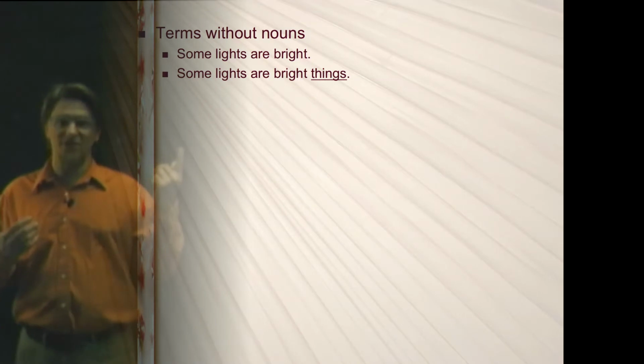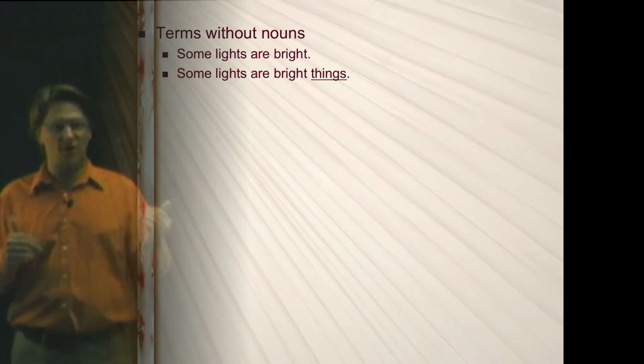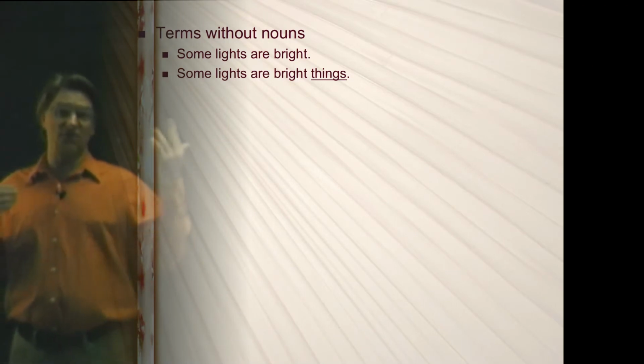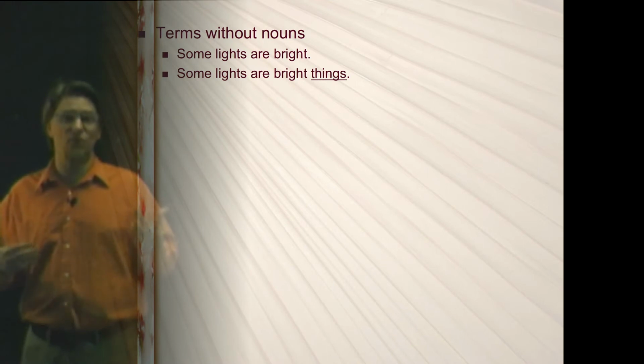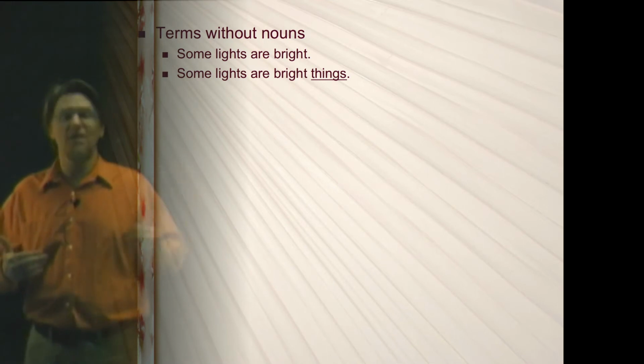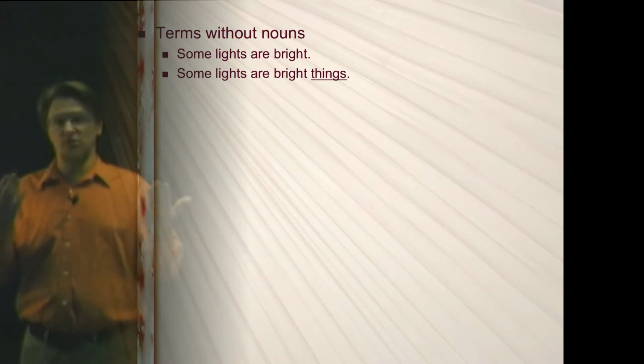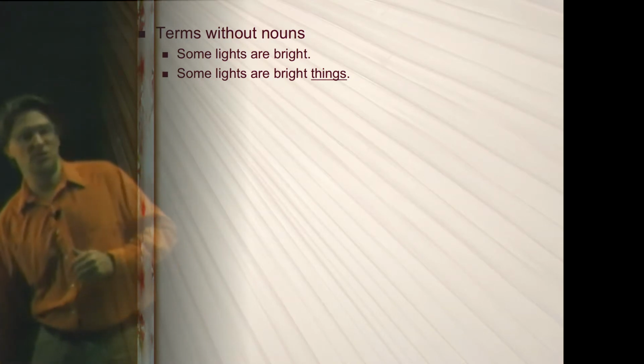The first sentence is definitely to be preferred to the second one in almost every instance. However, the first sentence is not in standard form. It's not an I statement, because there needs to be a noun in the predicate term so that we can actually do things like convert the sentence and so on.